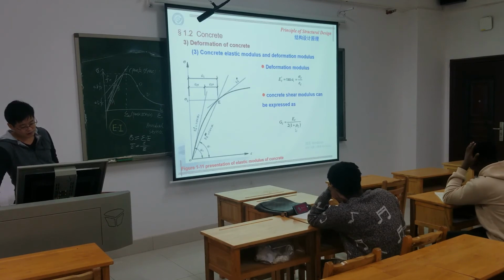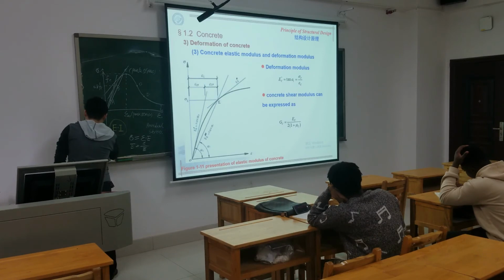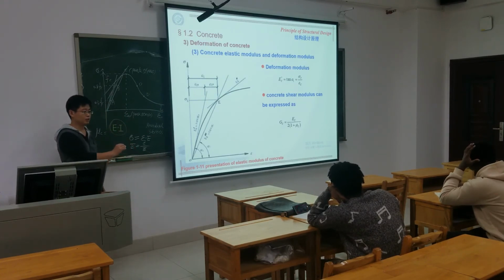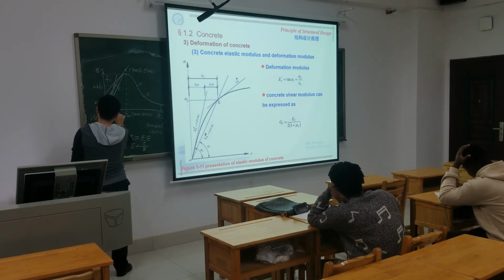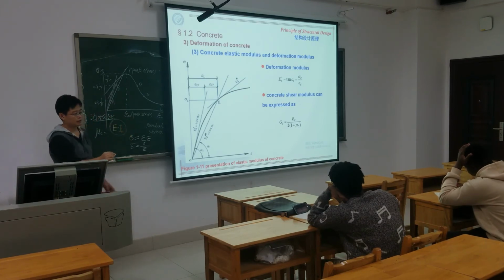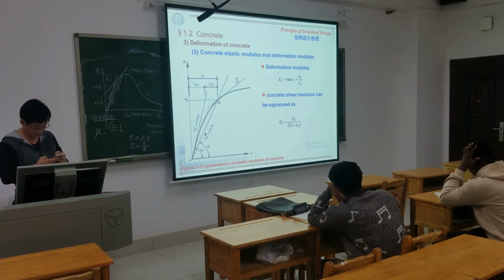And this word, how to pronounce this? This mu. The Poisson coefficient, how to pronounce Poisson? In Chinese it's Poisson B. I find this word very complicated usually.